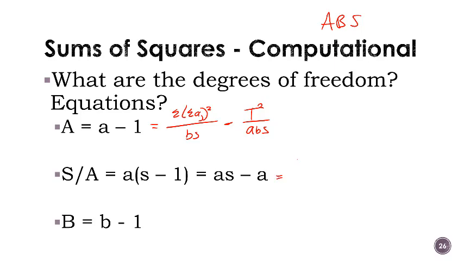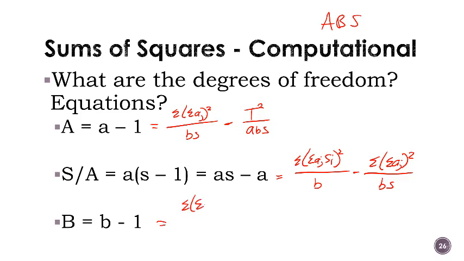For S with an A, this is going to be the sum of A_jS_i squared over B, minus the same as above there, the sum of A_j squared over BS. For B, it's going to be the sum of B_k squared over AS minus T squared over ABS.